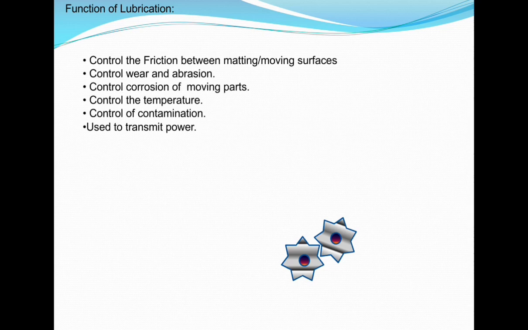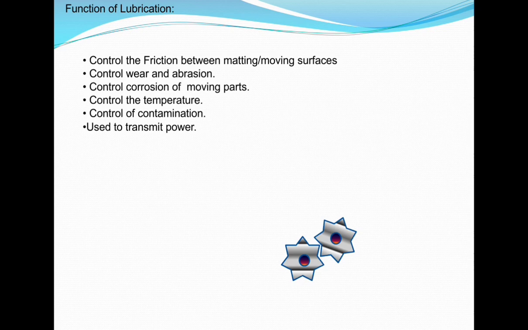Lubrication may also be of semi-liquid or semi-solid type, that is, grease. The function of lubrication is to control the friction between the mating parts. The mating part may be gear to gear contact, or the rolling elements of the bearings. It also helps to control the wear and abrasion between the mating parts.